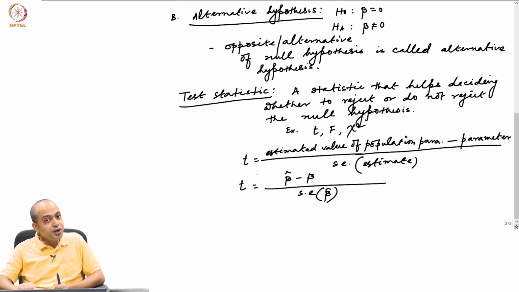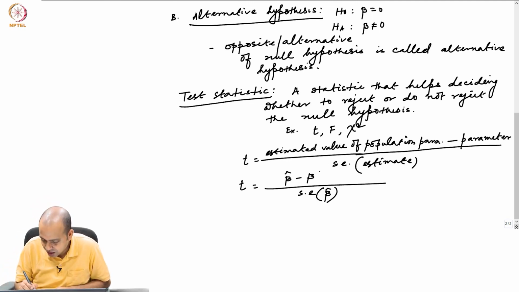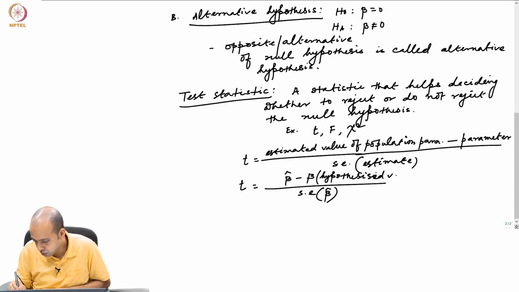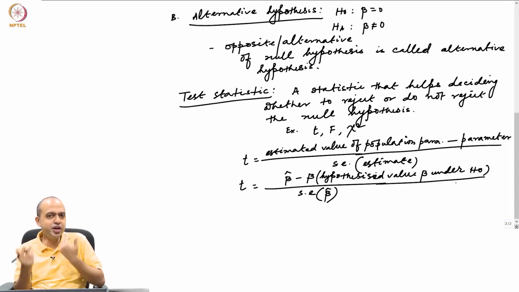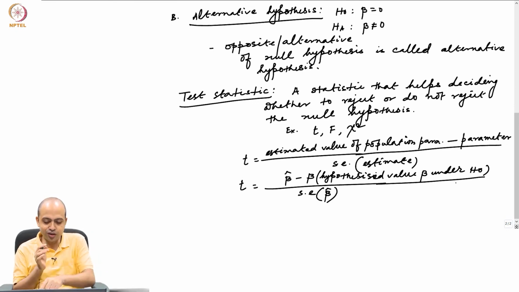Now, the population parameter is unknown, so instead of beta we will use the hypothesized value of beta under H naught. The original definition is beta hat minus beta, but beta is an unknown population parameter. Unless you put some value for beta, you cannot get a value for the t statistic.